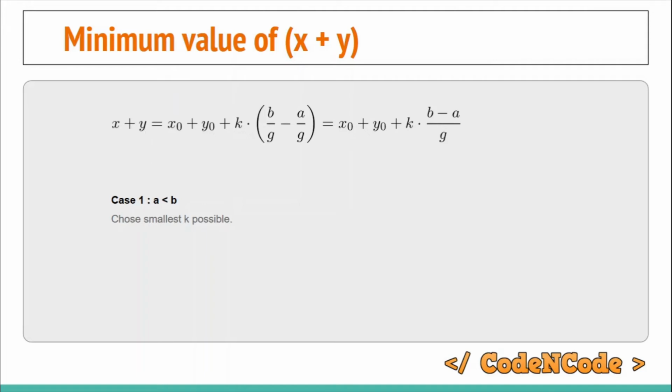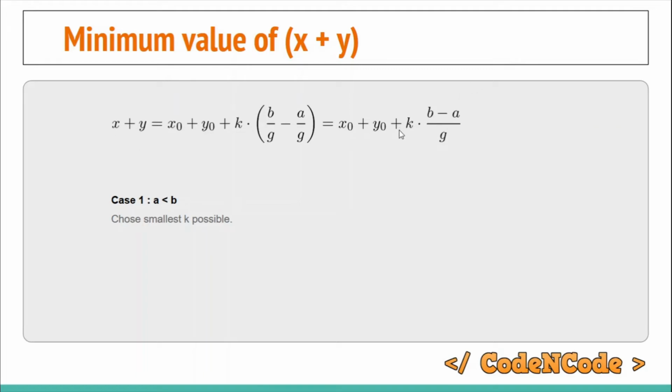But you cannot choose k as minus infinity or plus infinity, or such that x and y go beyond their range. That is why I'm telling you to choose the minimum possible k. If the range is not provided, you can choose minus infinity. Otherwise, you have to choose the minimum k such that x and y don't go beyond their range.